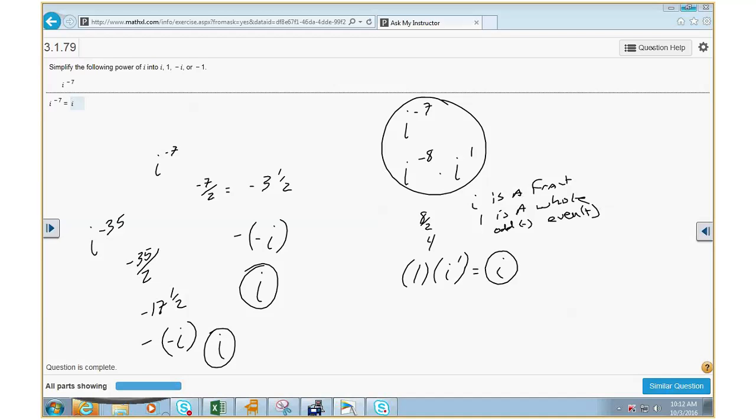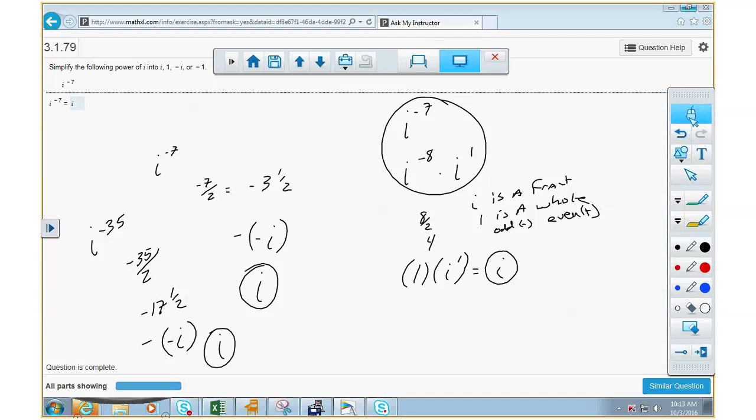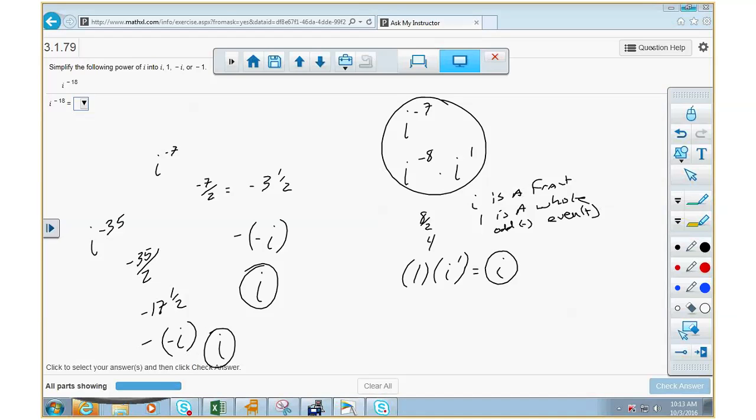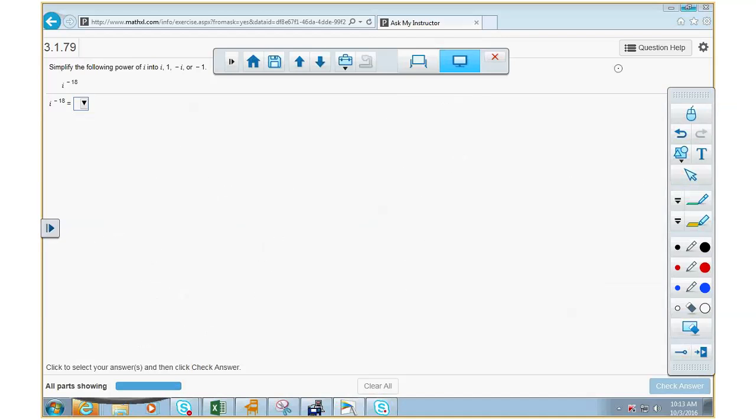What did they get? Let's do another one to see if it works with another one. All right, try that one. i to the negative 18.